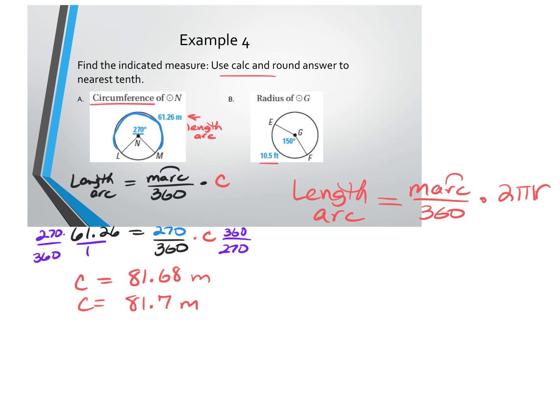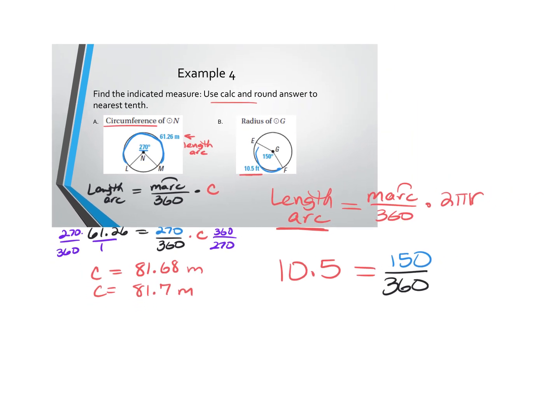This is the length of my arc, so I put in 10.5. The measure of my arc is going to be the 150. And then it's over the 360. And then I'm solving for the radius. So we're going to try to find the radius here.